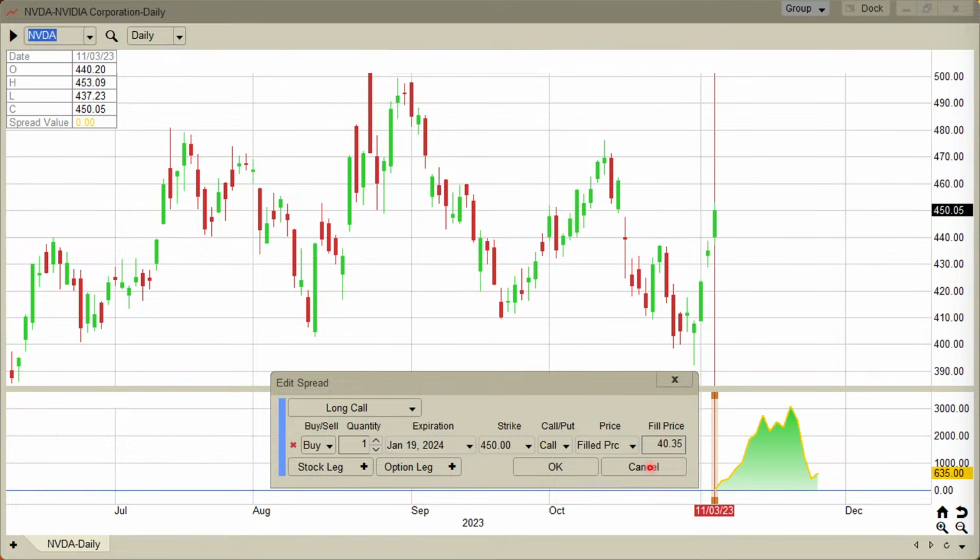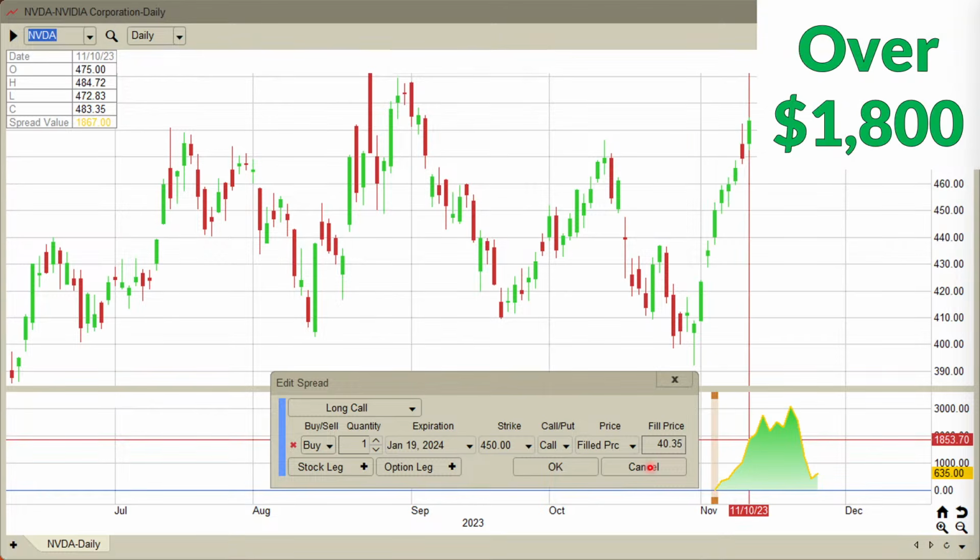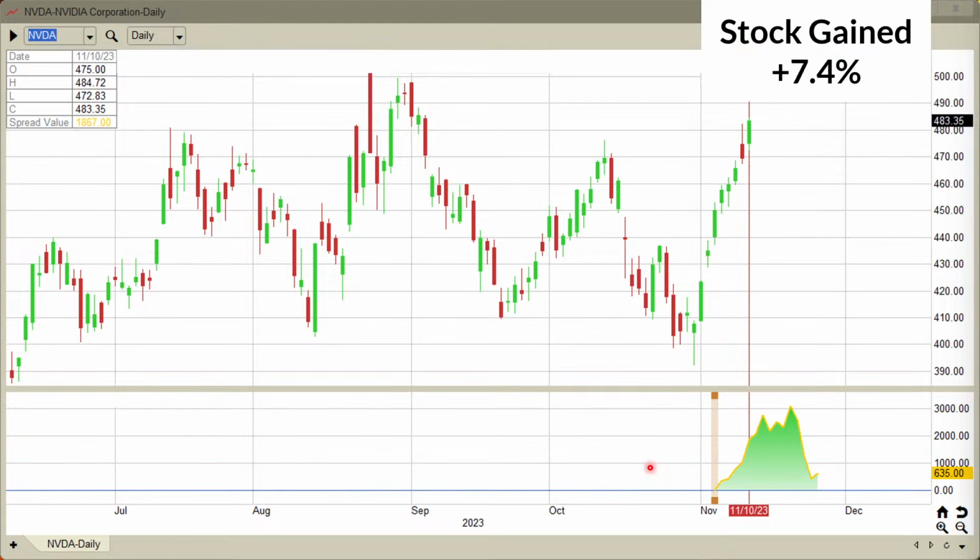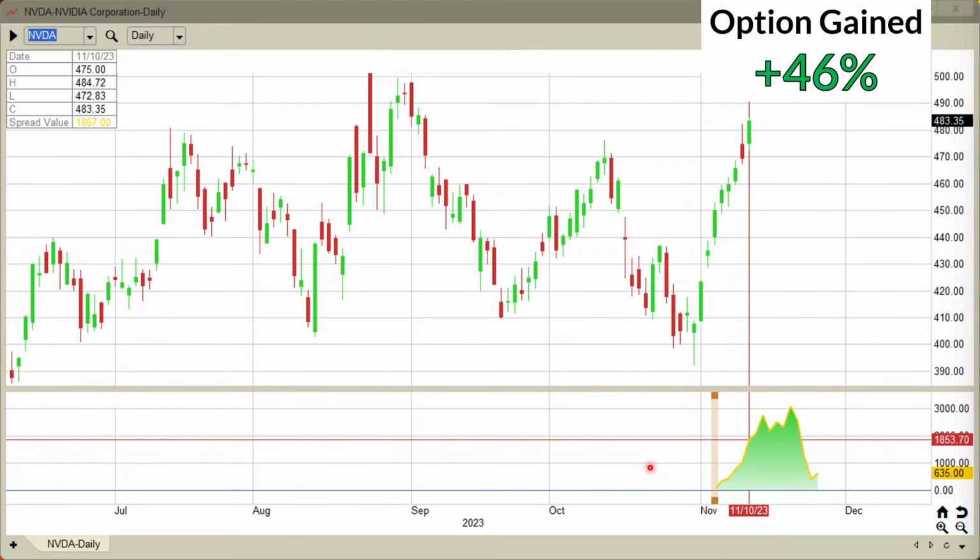So it's a little bit more than what we've been talking about. So $4,000, but just 1 week later, the profit target was hit again, and this one was $1,800. So you made $1,800. The stock went up 7.5%. That option gained 46% in a week.